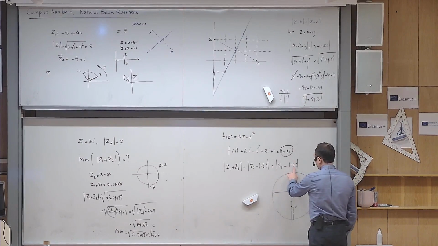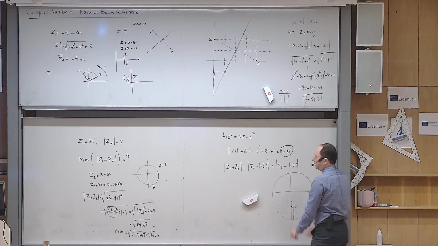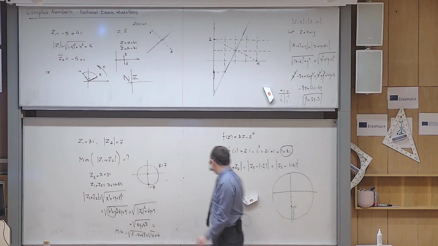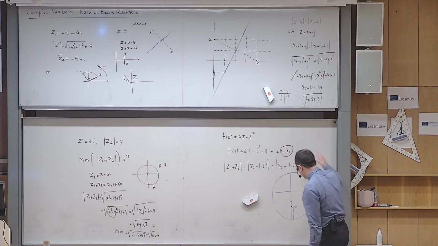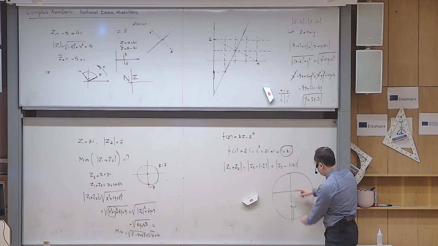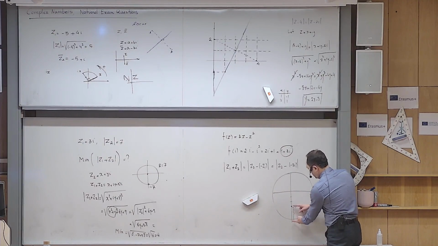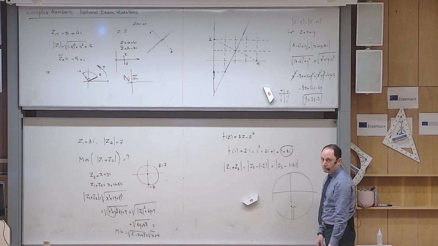From those calculations. Those calculations are not hard. I mean, minus 3i is here. And this is the circle centered at the origin with radius 7. Yeah. And so then what? Then this is the minimum distance, isn't it? I guess. Yeah.